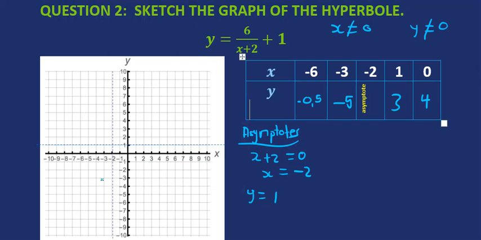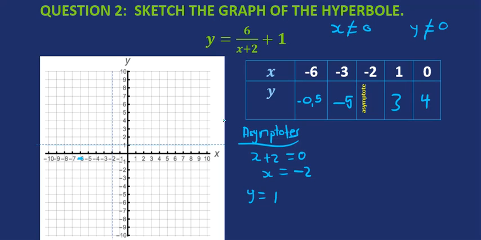Okay, so let's draw a dotted point at those coordinates. So we've got x is -6, and y is -1/2. That would be a point over there, just in between 0 and -1.